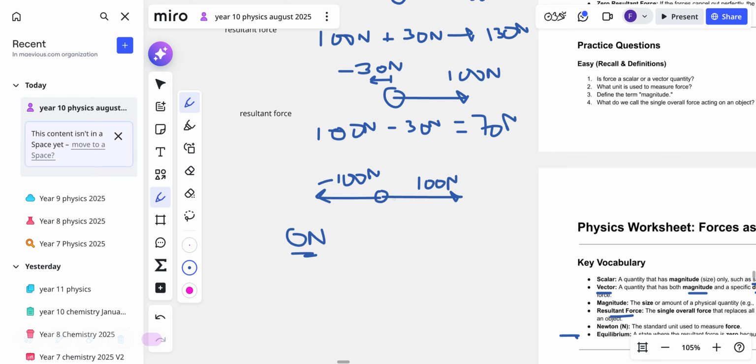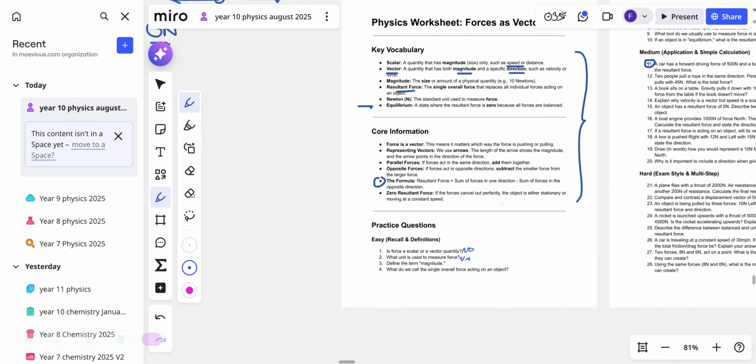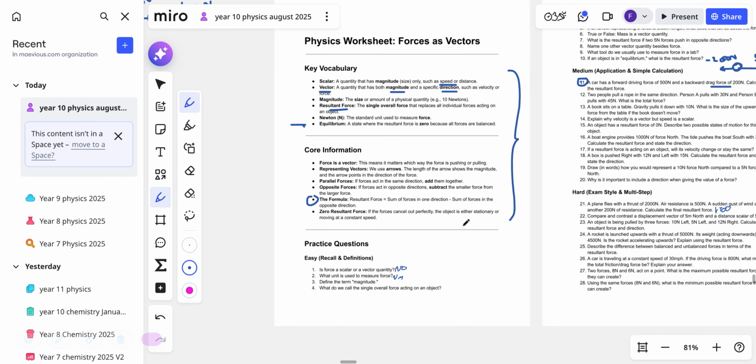However, what we actually say is this is an equilibrium. So if at the start we were moving at 5 meters per second, we do not change speed. We're still moving at 5 meters per second. So if your resultant force is 0 newtons, you are in equilibrium, meaning you are either not moving or your speed is constant.